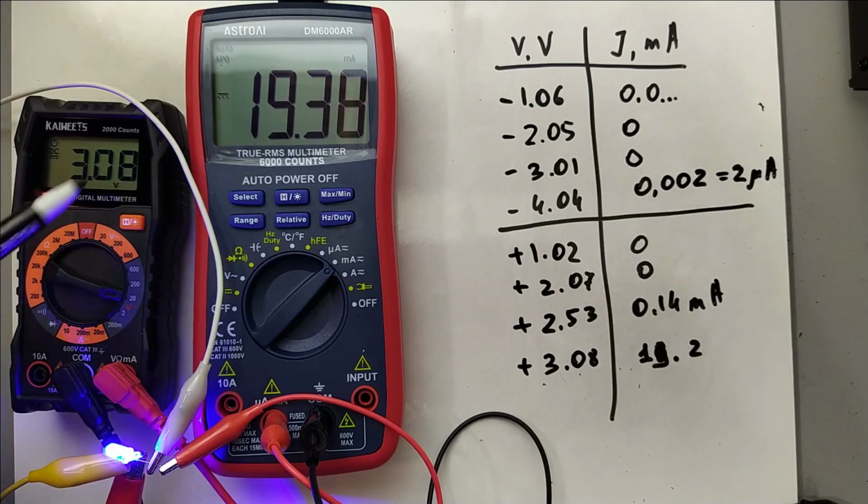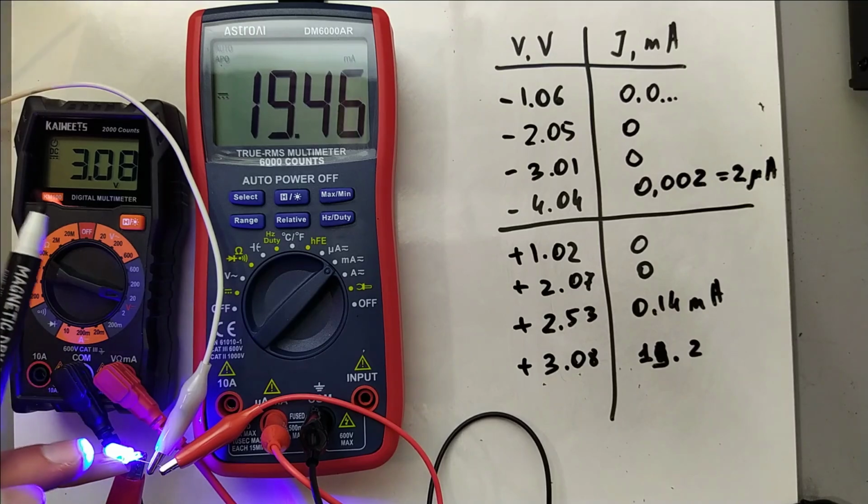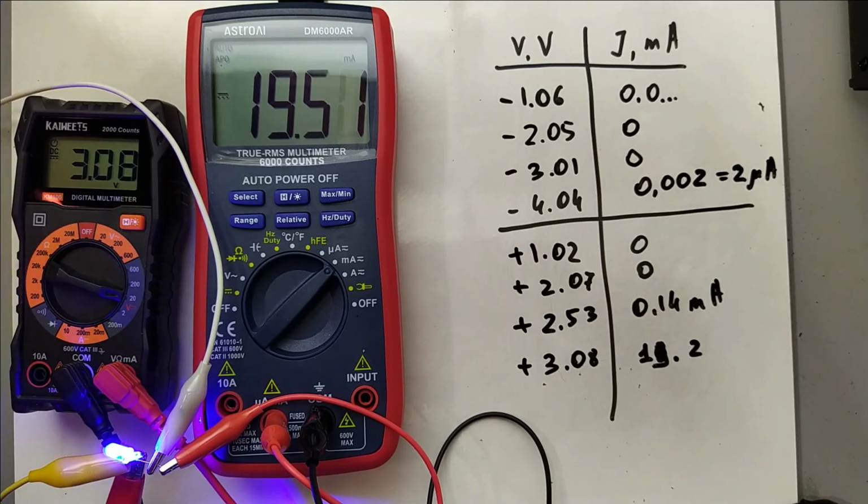What's happening now, we run quite large currents through the LED, and we start to warm it up because this current dissipates heat. The LED's temperature increases, and it lowers the potential barrier for electric current.